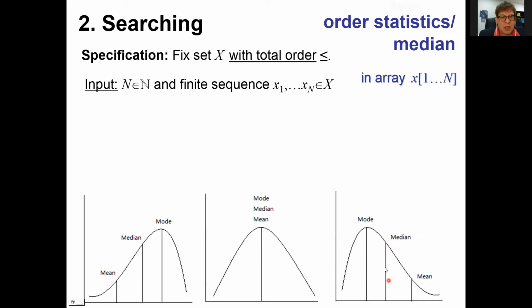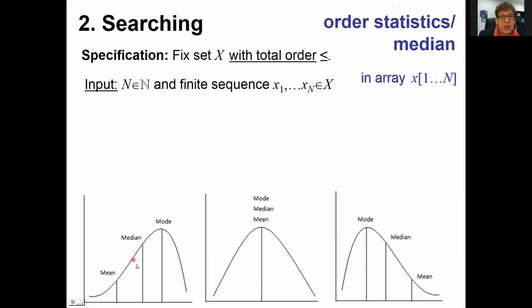But again, the point here is that half the elements are smaller than the median and half the elements are larger. So let me again emphasize the difference. If we have one extremely large element, let's say 1 million, then that element will affect the mean. It has a large weight in the averaging sum.